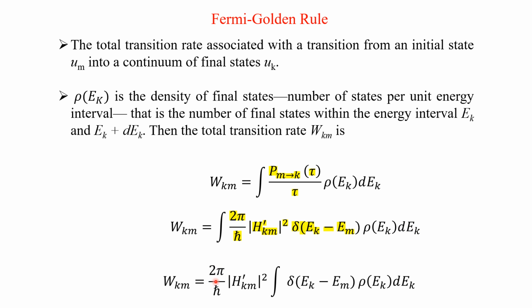Since 2 pi by h cross and the modulus square of h prime km are constants, we are taking them out. So in the integral you have delta ek minus em rho ek dek.